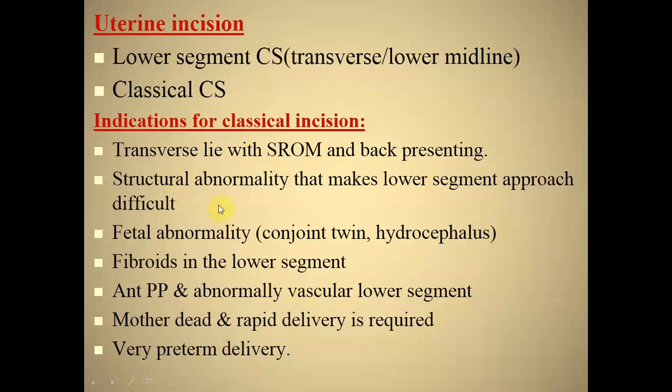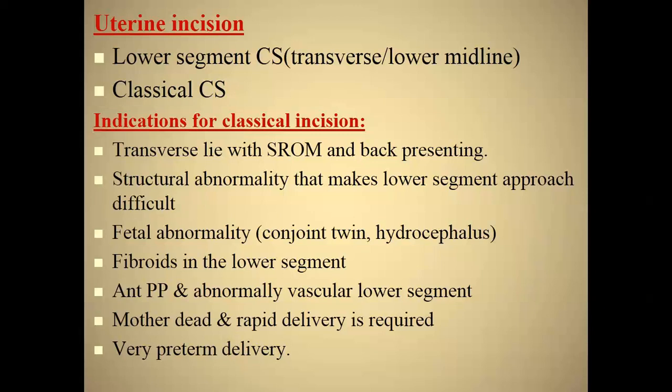If you have structural abnormalities that make lower segment cesarean section difficult, any abnormality in the uterus or in the surgical field, and I cannot access the lower uterine segment, I will do a longitudinal cesarean section. For example, the bladder is adherent, or I have bowel adherent to the lower segment, or difficulty in dissection, so I choose longitudinal cesarean section.